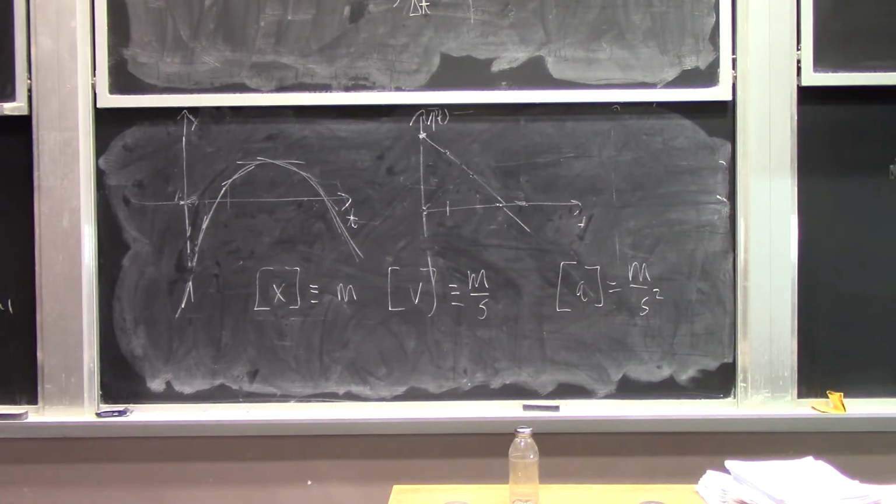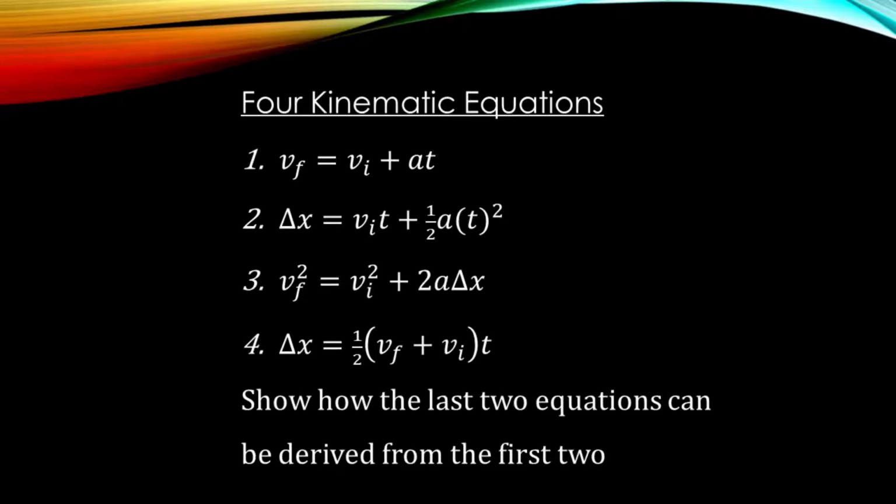Dimensionally, we can see why I need that t squared, because I want this entire equation to have units of meters. If I have something with units of meters divided by seconds squared, I need to multiply that by something with a second squared. The 1/2, again, I can't really get into exactly why that is without delving into the calculus.